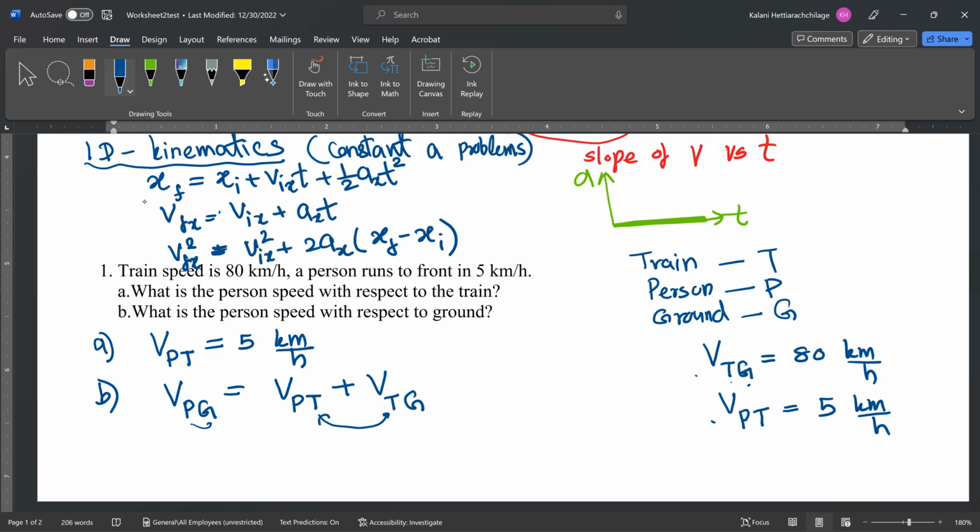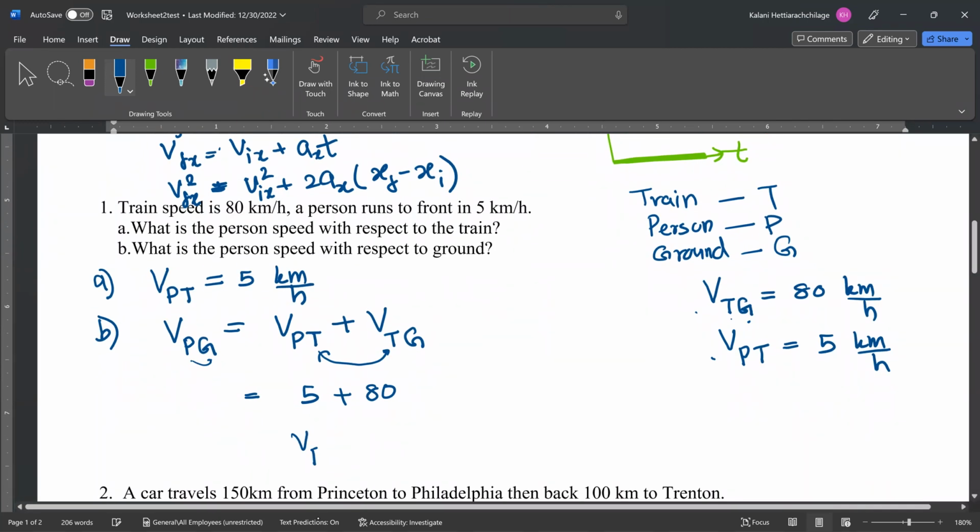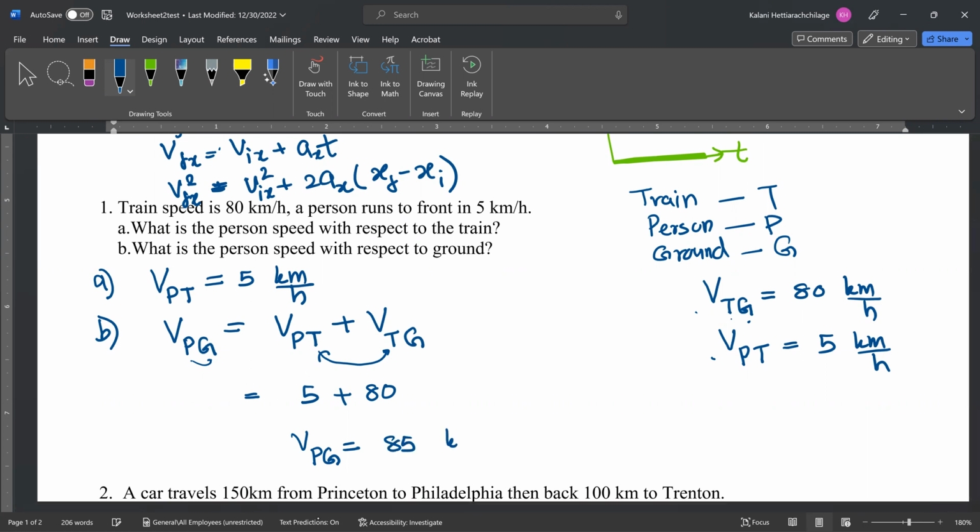Then I get the P and G by inserting the other frame in between. So now we already know those things. We can write it. Person speed with respect to train is 5, and speed of train with respect to the ground is 80. Then your final answer is 85. So that's how you solve the problem.